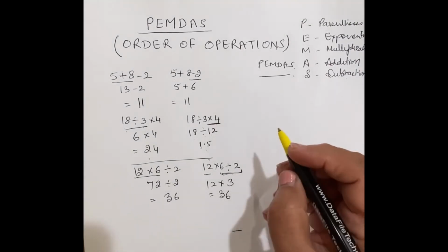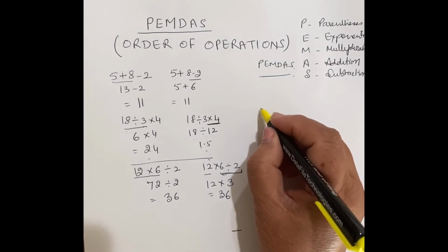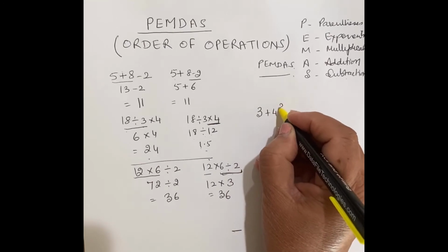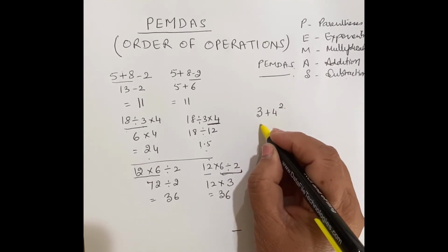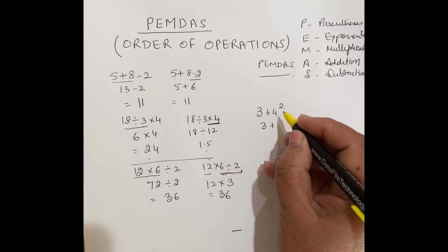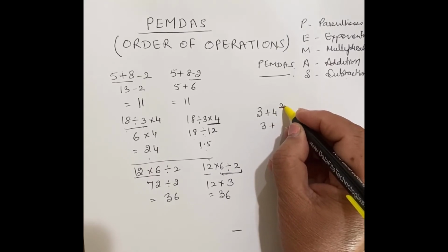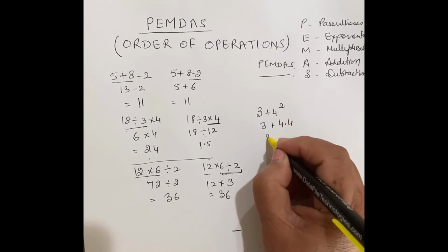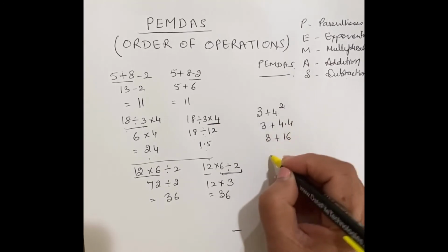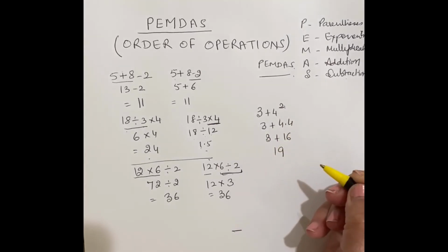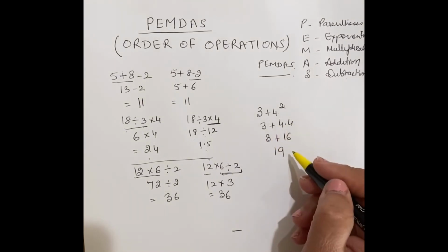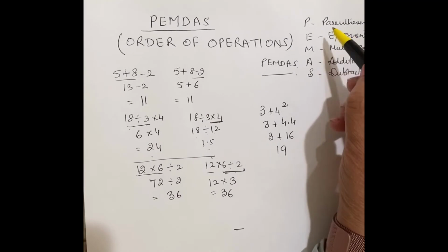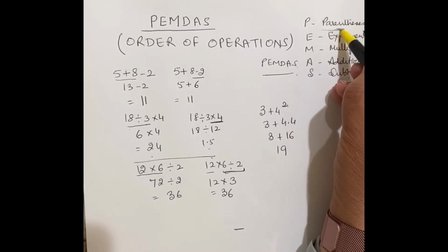Now we take the example of 3 plus 4 square. Here, 3 plus, what is this 2? This is an exponent. 4 square means 4 times 4. That is 3 plus 16. The answer is 19. Here we take the rule. What should be calculated first?